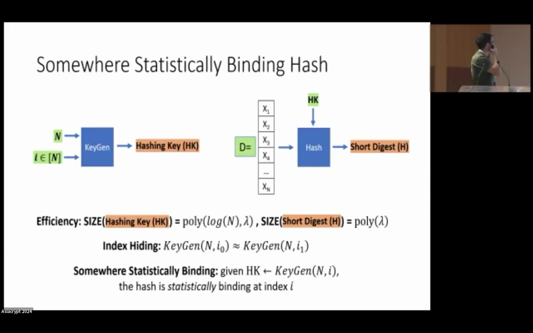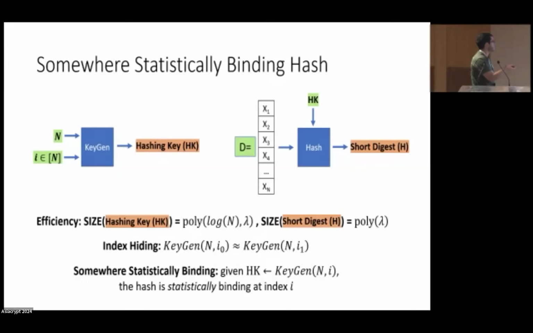And then we have somewhere statistically binding hash, which we can see as a vector commitment that is computationally binding on every index, but is statistically binding on one specific index that we specify at key generation time. So at key generation, you specify an upper bound on the size of the vector and this binding index.